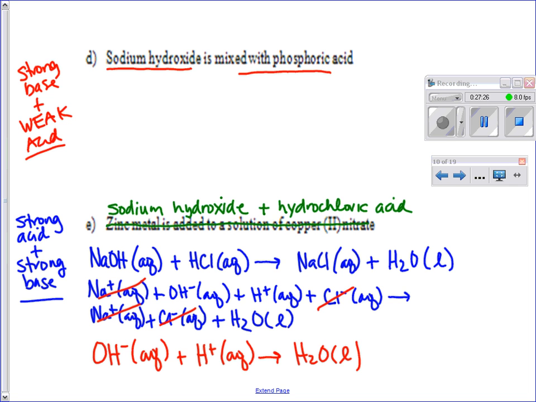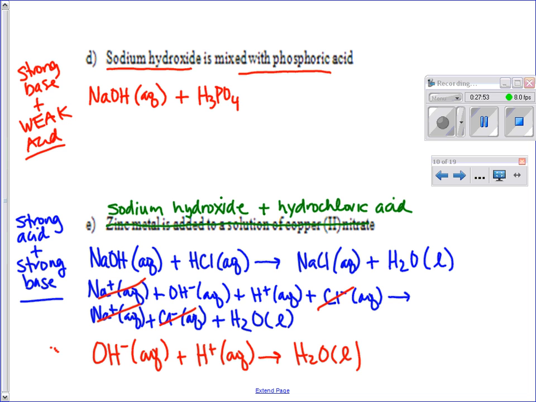And my fear in telling you this is that you're going to apply that to something like D, and then you'll be wrong. All right? So be very careful at classifying your acids and bases. So let's start out with this. Sodium hydroxide we know is strong, and it dissociates 100% aqueous, makes an aqueous solution. Here's the thing. Phosphoric acid. What's the formula?